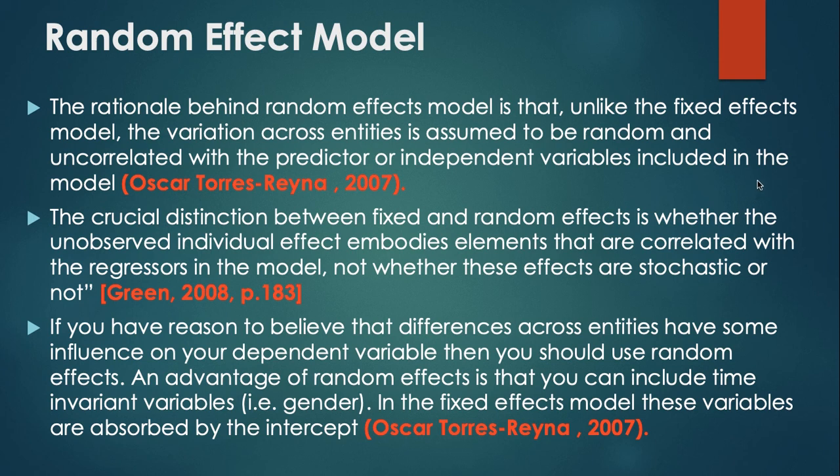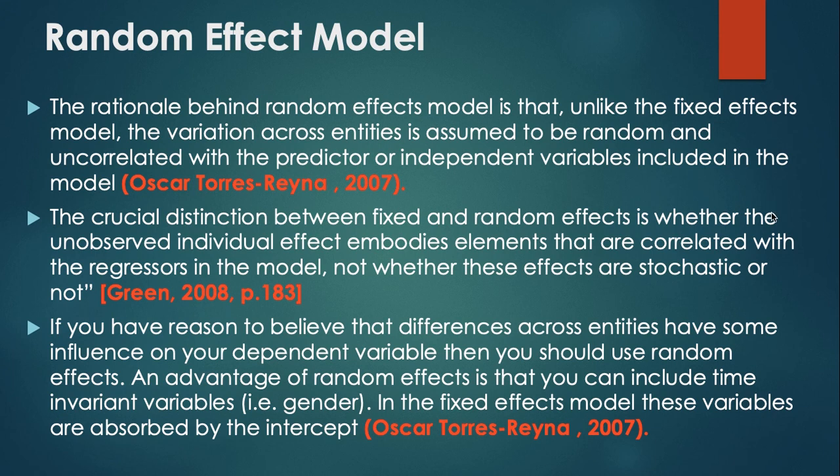The rationale behind the random effect model is that, unlike the fixed effects model, the variation across entities is assumed to be random and uncorrelated with the predictor or independent variables included in the model. So the crucial distinction between fixed and random effect is whether an observed individual effect embodies elements that are correlated with the regressors in the model, not whether these effects are stochastic or not.